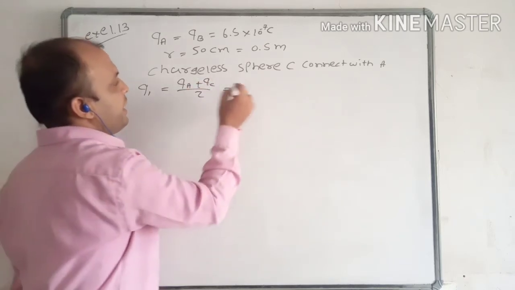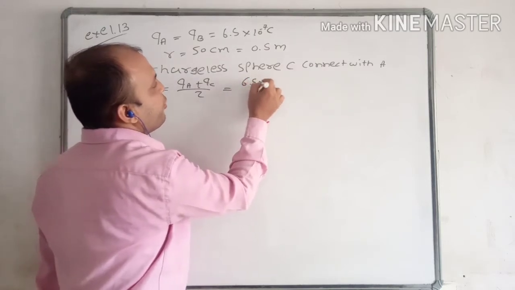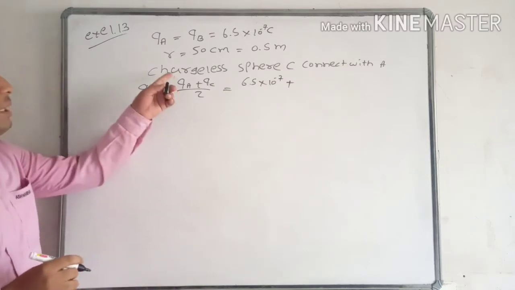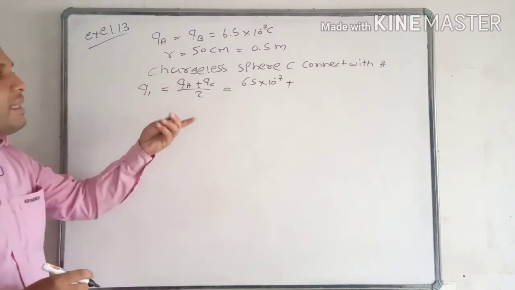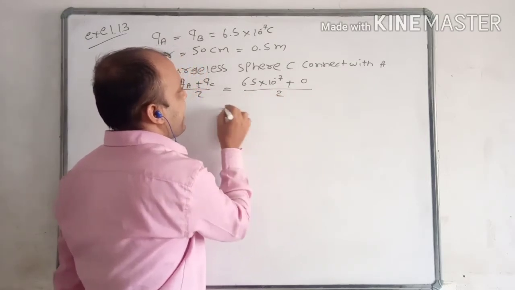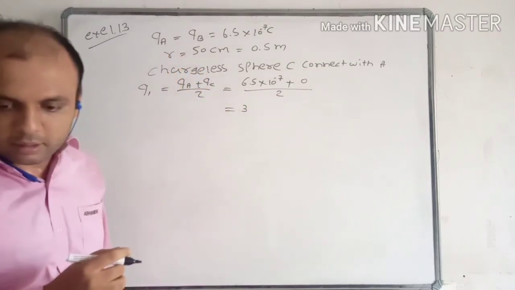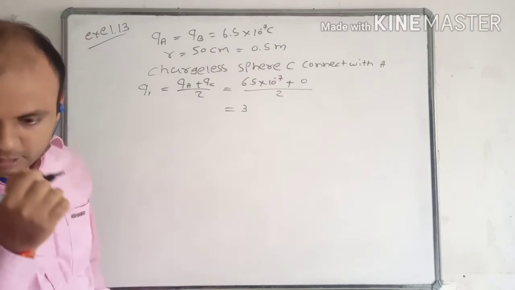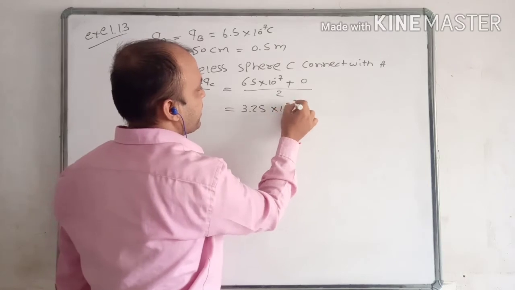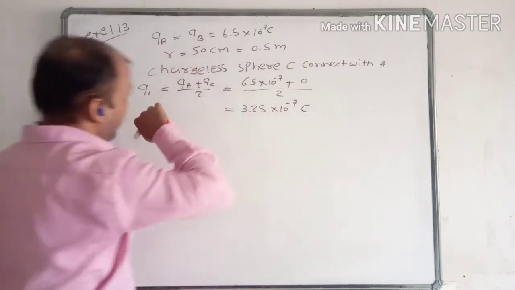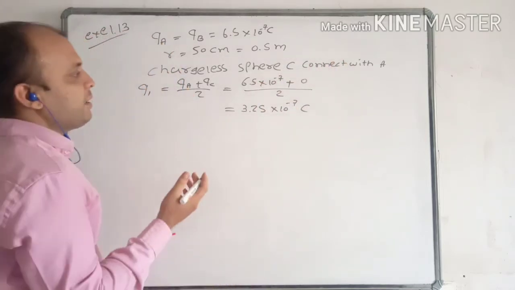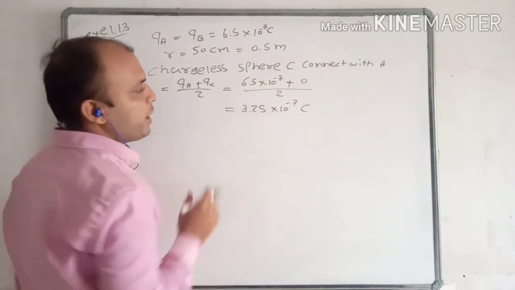So QA has charge 6.5 into 10 raised to minus 7 plus QC. We already wrote here that C is chargeless, so it doesn't carry any charge, divided by 2, so the answer will be 3.25 into 10 raised to minus 7 coulomb. So when we connect C with A, we get the charge 3.25 on each.